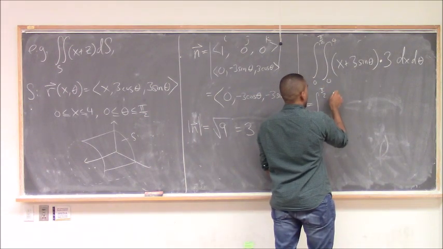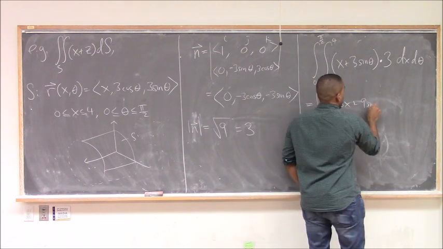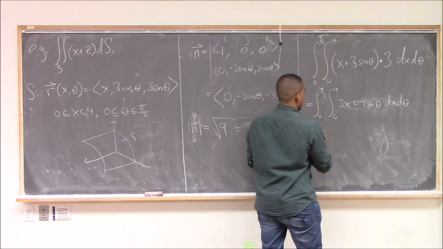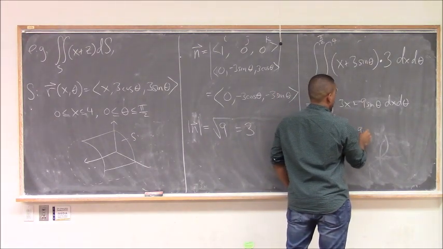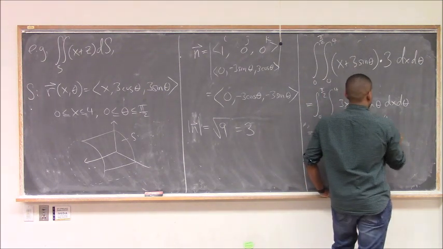Since you asked, let's just quickly do it. So we'll just do 3x plus 9 sine theta, dx d theta. Integrate this, we would get 3x squared over 2 plus 9x sine theta between 0 and 4.